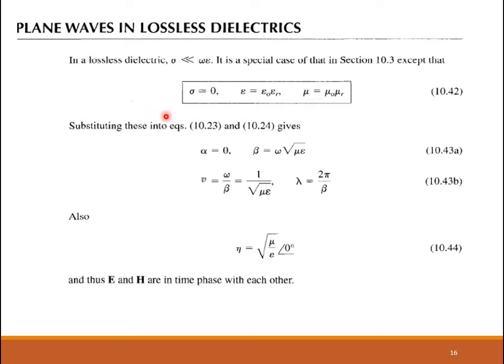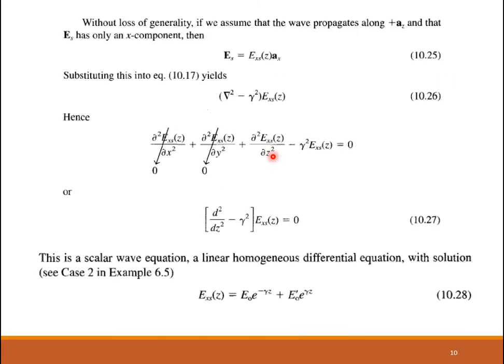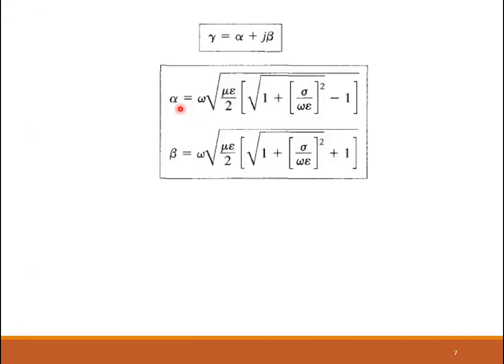If I substitute these conditions, the alpha and the beta, let's just go back to the expression for alpha. See here, if I give this as 0, what happens? If this term is 0, this becomes root of 1 minus 1. So this whole thing becomes 0.